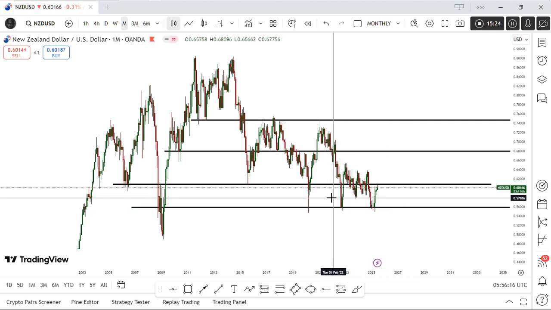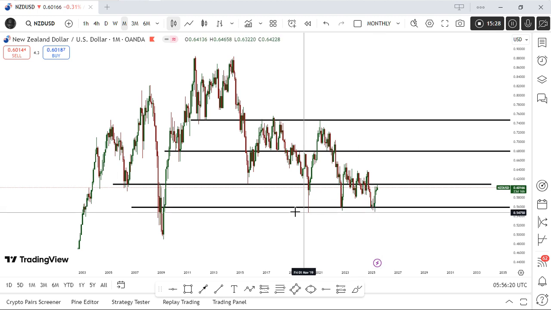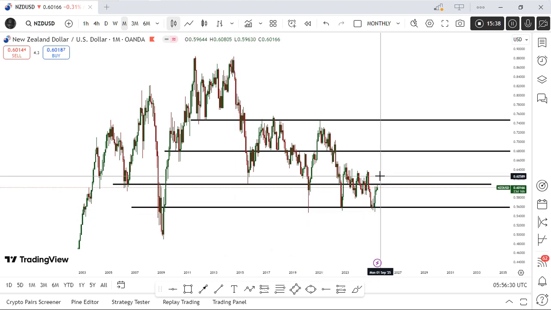I think it was this double bottom that pushed this market to the upside. I think it was because when it got to this major support zone, it reacted off it, gave us a double bottom, and then jumped to the upside.